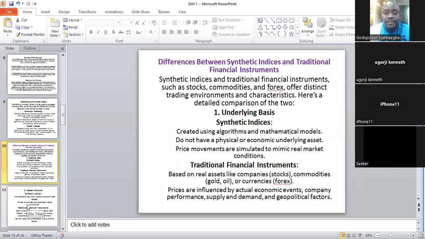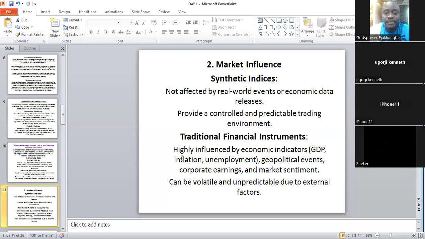Now, let us talk about the market influence of synthetic indices. Not affected by real world events, and that's true. Provides a controlled and predictable trading environment. While traditional financial markets are highly influenced by economic GDP, inflation, unemployment, geopolitical events, so on and so forth.